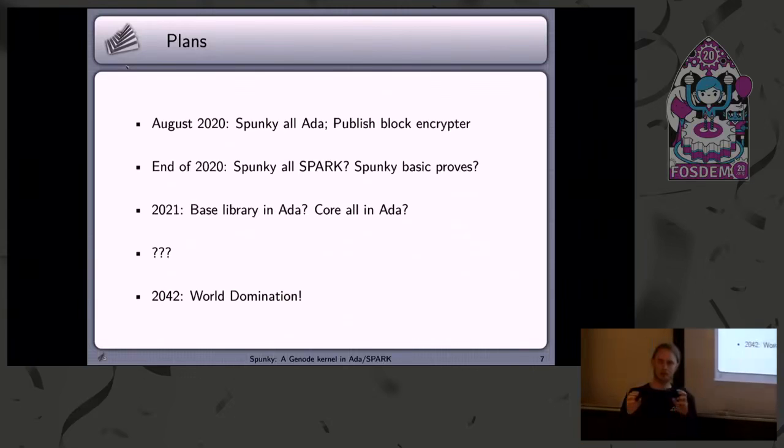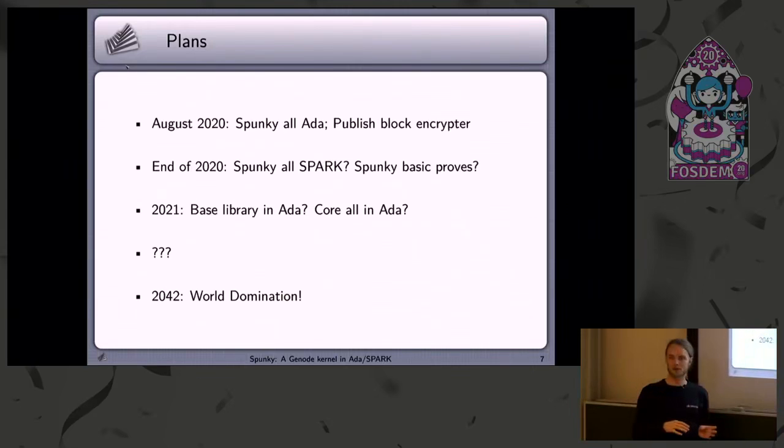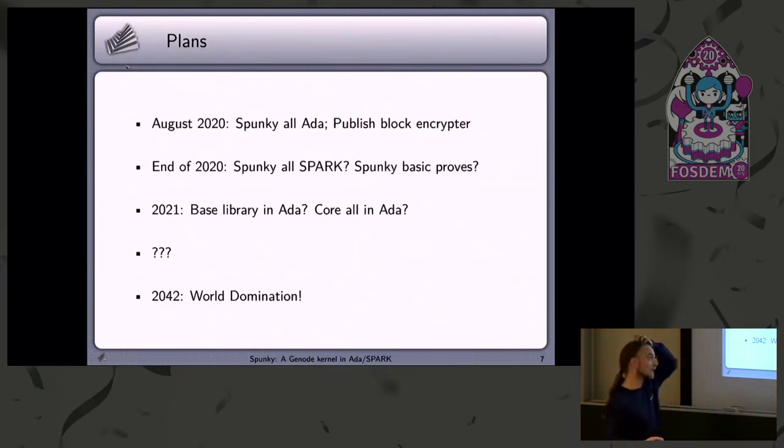Once I got rid of all the base HW stuff in Spunky, I'm free to redesign it. So essentially, I can try some strategies that I have for getting rid of pointers. That's the main thing, I think, and to convert all of Spunky to Spark. And then, of course, I'd really like to prove some basic assumptions about the kernel.